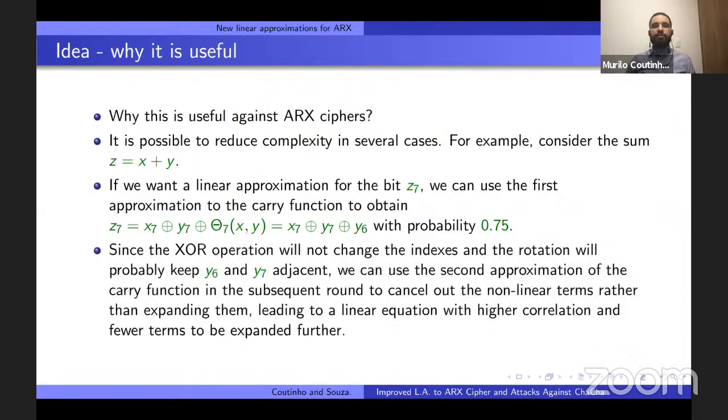But now, for the second round, since the XOR operation will not change the indexes, and the rotation will probably keep y_6 and y_7 adjacent, we can use the second approximation of the carry function to cancel out the nonlinear terms instead of expanding them, leading to a linear approximation with higher correlation and fewer terms to be expanded further.